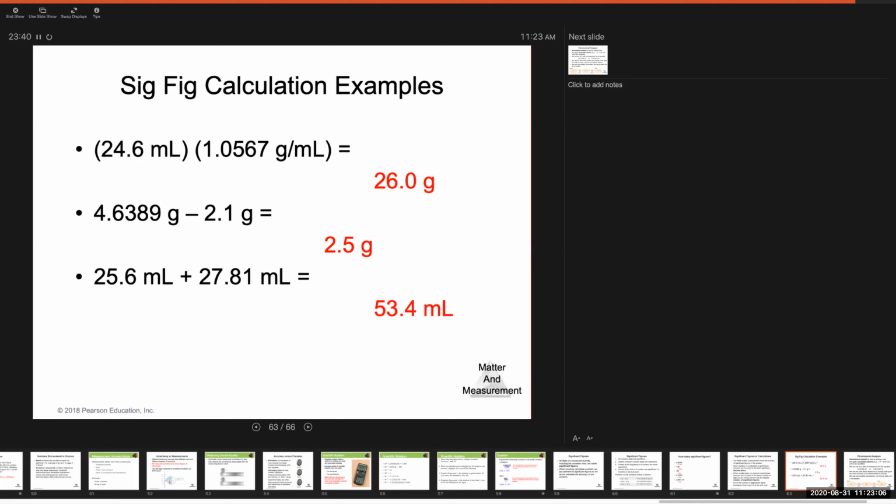So when you start doing the calculations, whether it's multiplication and division or adding or subtracting, adding and subtracting rules center around how many digits are past that decimal point. And then the multiplication and division centers around how many significant figures you have in the values that you're dealing with. Okay, any questions on that?